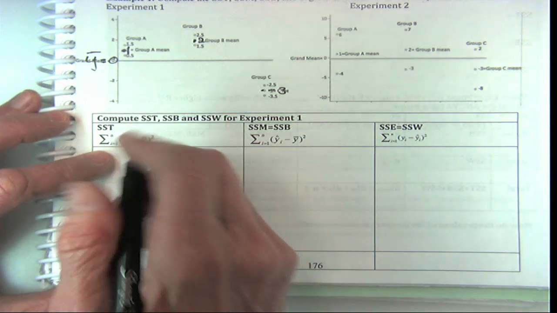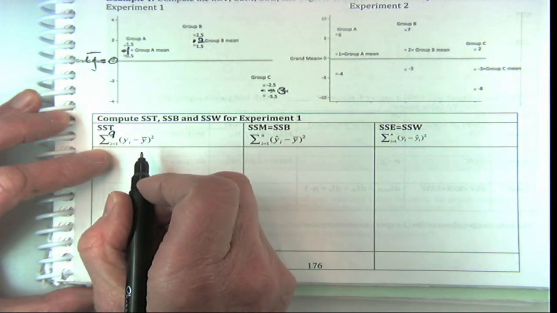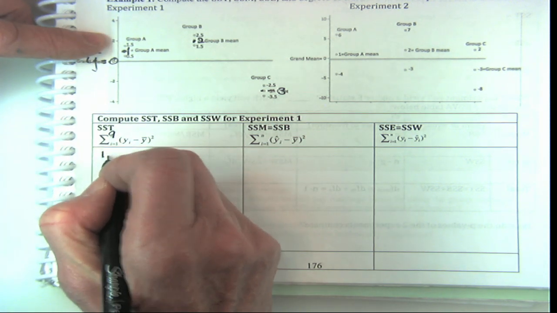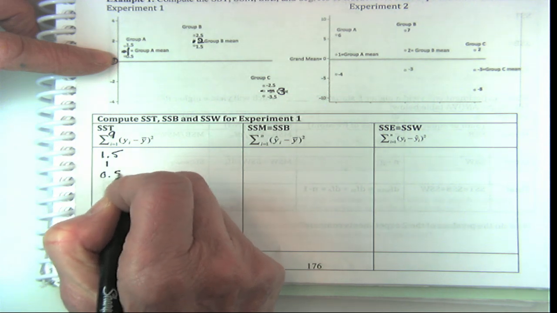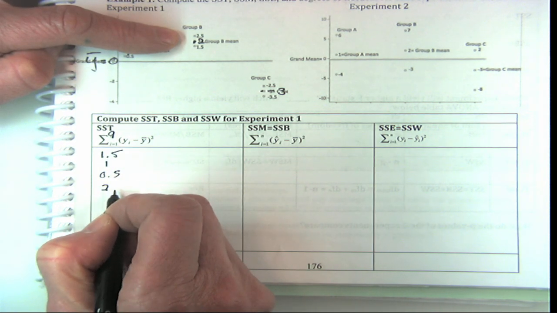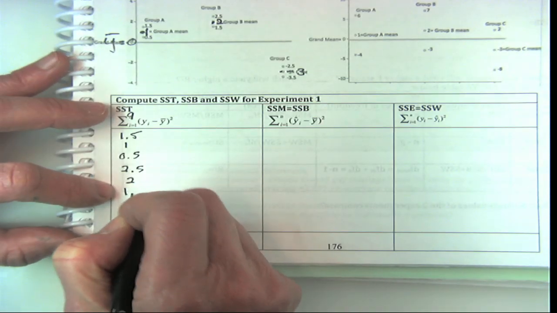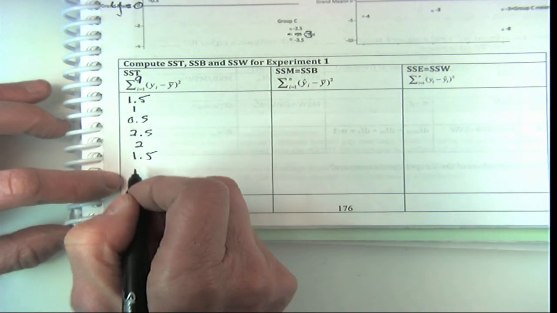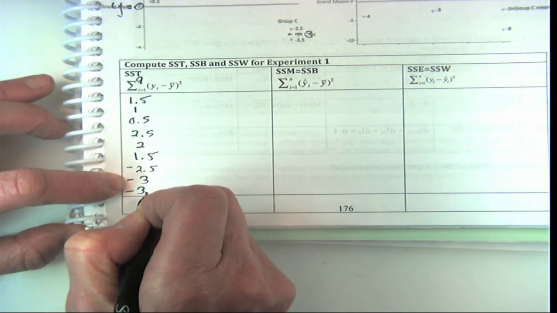You just take, for each of the 9 points, for i equal to 1 to 9, the point. I'll just write them down here: 1.5, 1, 0.5. These are all the points here. 2.5, 2, and 1.5. And in group C, it's -2.5, -3, and -3.5.